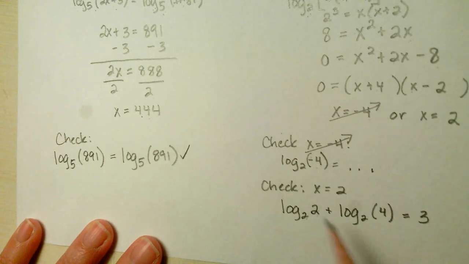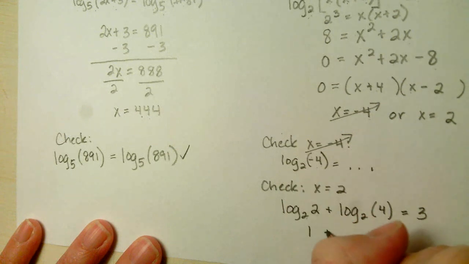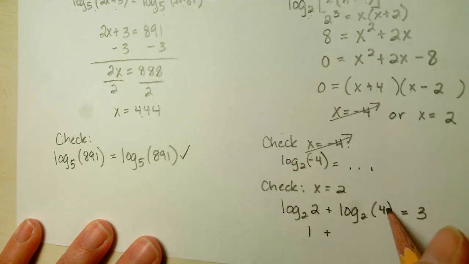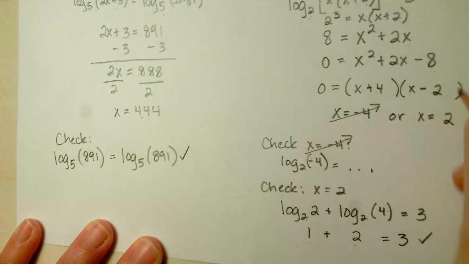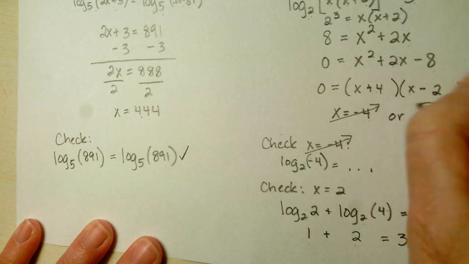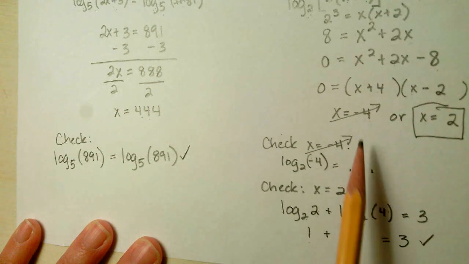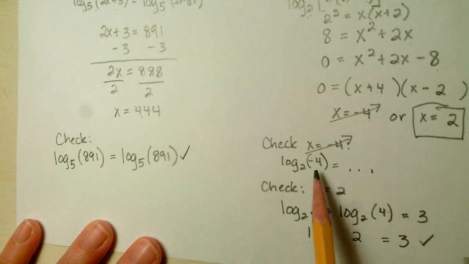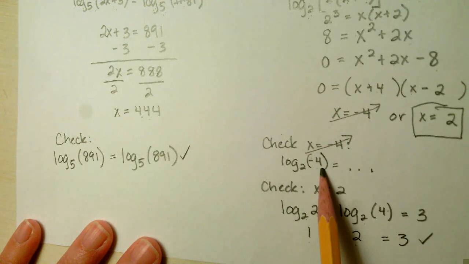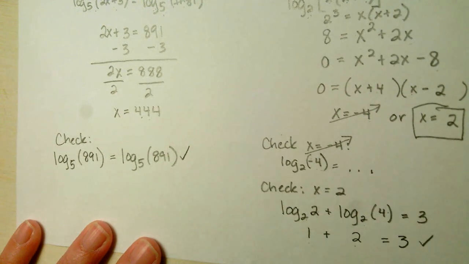Log base 2 of 2 is 1. Log base 2 of 4 is 2. And 1 plus 2 is 3, so it checks. My solution is x equals 2. -4 is an extraneous solution. I can't have a negative in my argument for a log. Well, let's flip on to the back side.